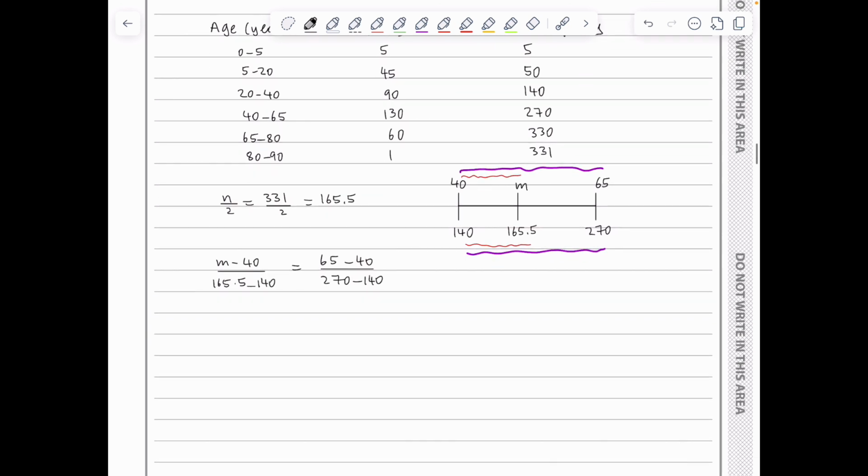This leads to M minus 40 over 25.5 is equal to 5 over 26. Well, if I cross multiply, I get that M minus 40 is equal to 4.9038, and therefore the median M turns out to be 44.9, correct to 3 significant figures.